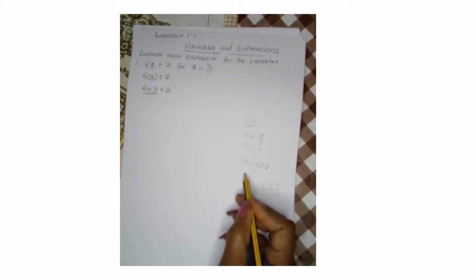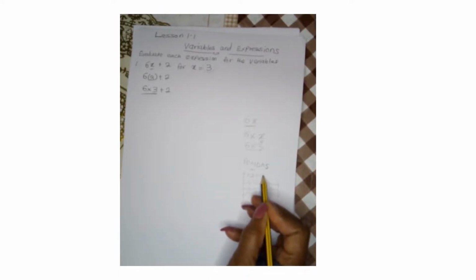Now you're going to count all the points where the lines are touching each other: 1 2 3 up to 18. So 6 multiplied by 3 is going to give you 18.